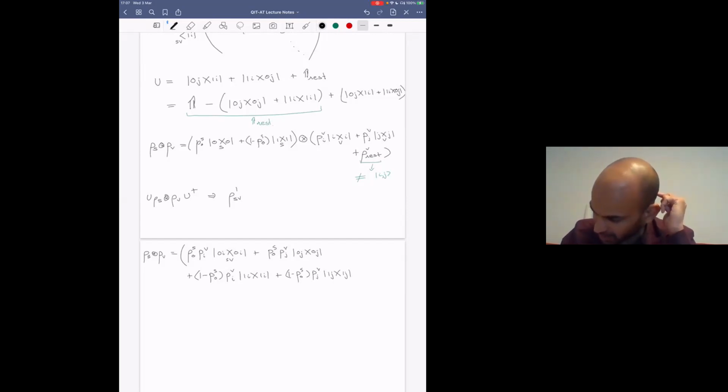And then the final part is just rho S tensor rho V on the rest, which we don't care about. Well, we care about it, but it doesn't get affected by this unitary operation at all, because as far as that is concerned, the unitary operation is identity.